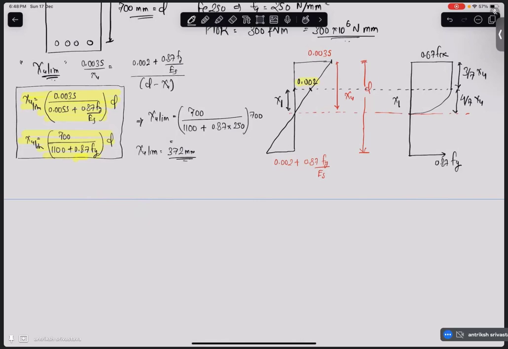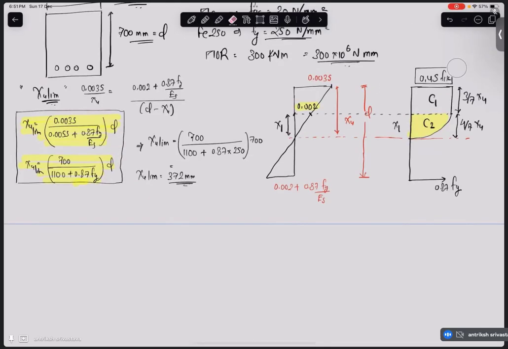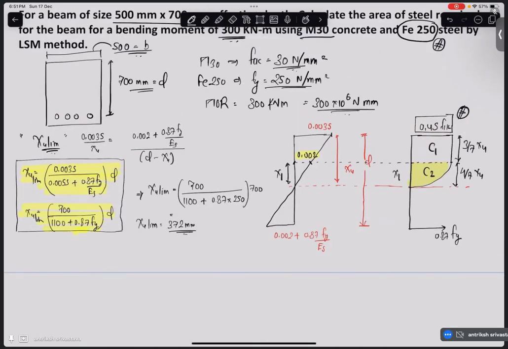All right. Now, what is the force? Force is going to be C1 plus C2. So this is going to be your 0.45 fck, because in concrete we apply the correction factor two times. So this fck divided by 1.5 is your maximum stress, and then when you are doing the design we apply 1.5 again, that makes it 0.45 fck.